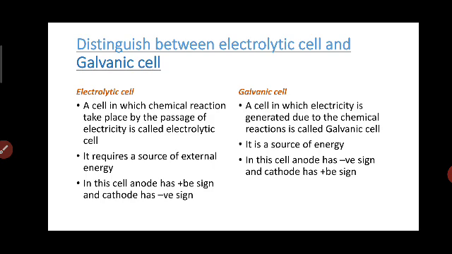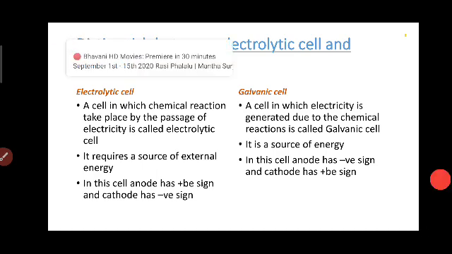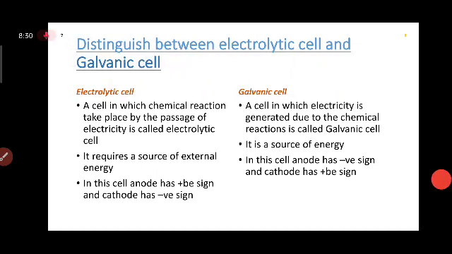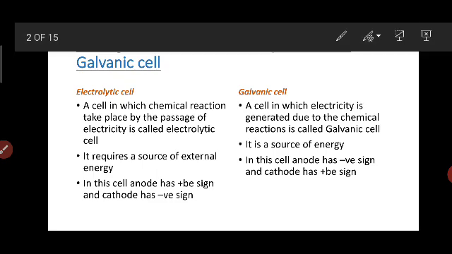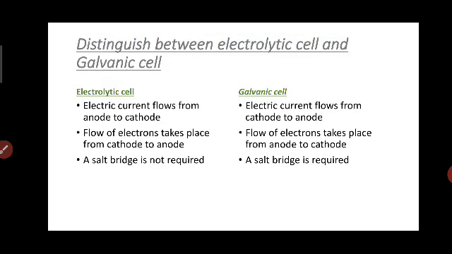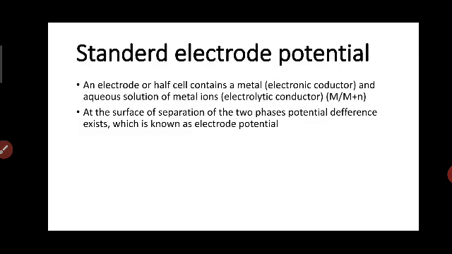Simply, take one point as the definition, which electrode is negative, which is positive, where current flows from and to, where electrons flow from and to, and whether a salt bridge is required or not. These are very important and very simple.